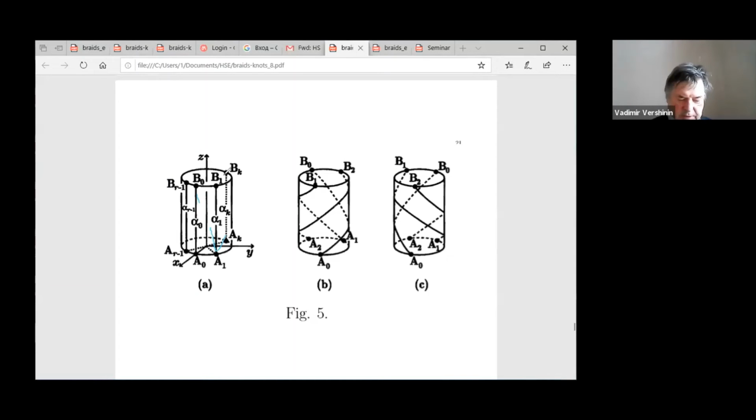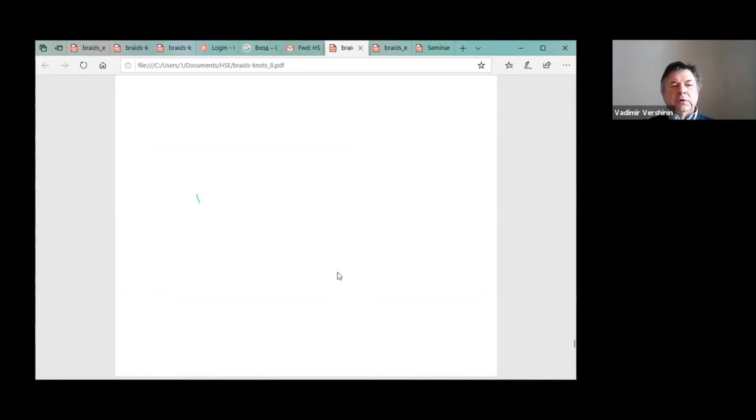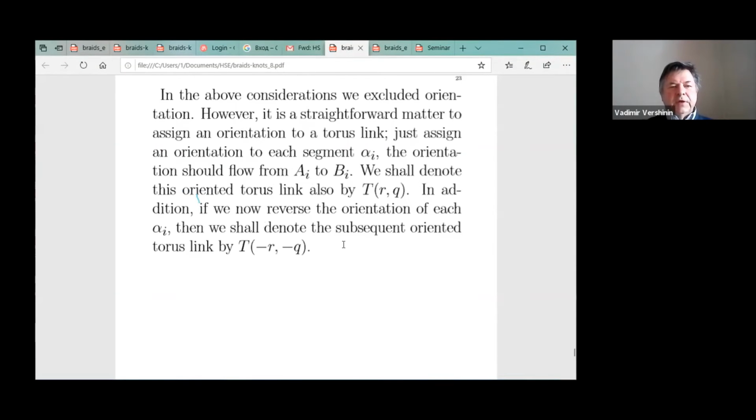For example, the same trefoil, and you have the same trefoil but with another orientation. That's all. This means that you have torus link with negative R, and you can make this negative.